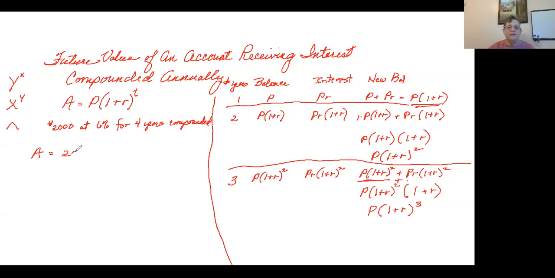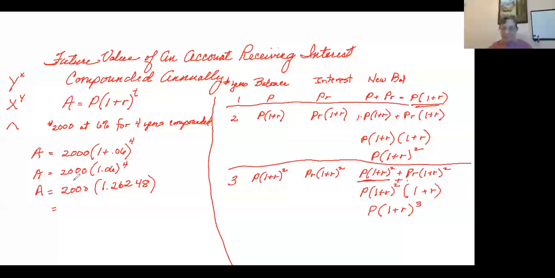Well, A would now be 2,000 times (1 plus 0.06) raised to the 4th power. So A is going to be 2,000 times 1.06 raised to the 4th. This is going to give me A equals 2,000 times 1.2624. I'm going to round that to 8.